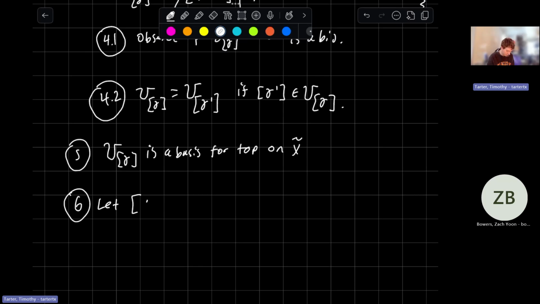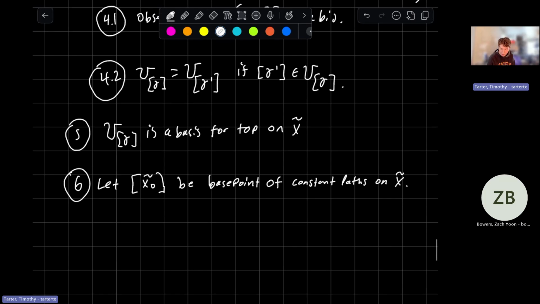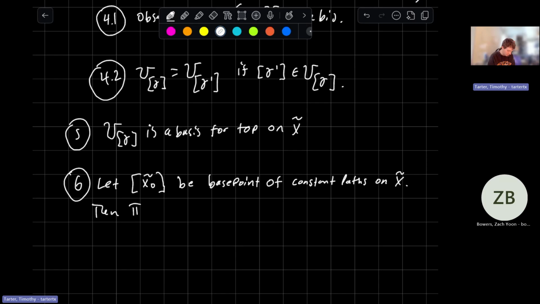Let the base point be the constant path. Then pi1 is equal to 0.